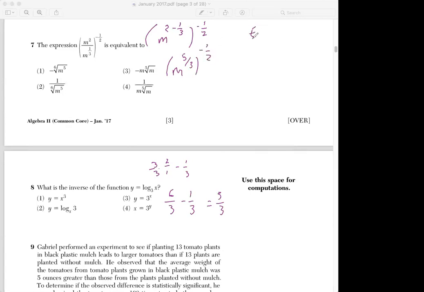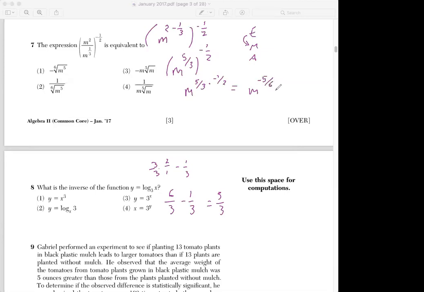Remember, exponentiation distributes through multiplication, or a power raised to a power you just multiply. So this is m to the 5/3 times negative 1/2, which gives us m to the negative 5 over 6.